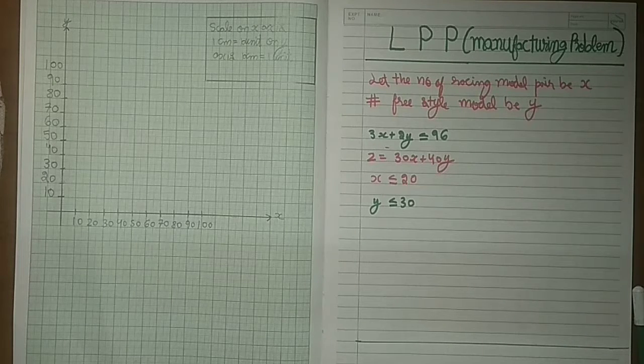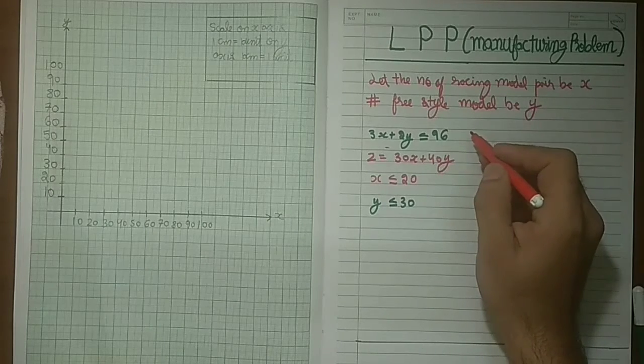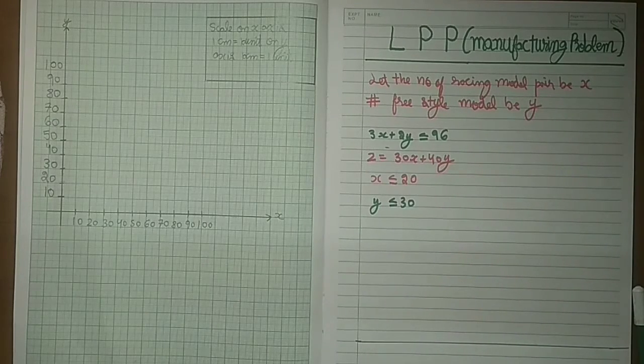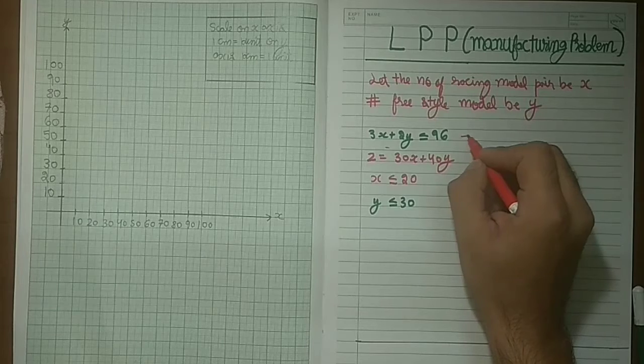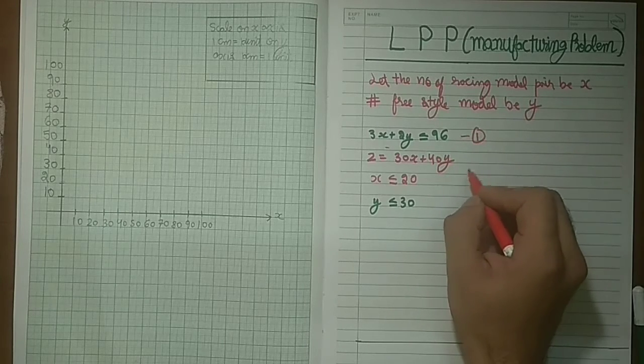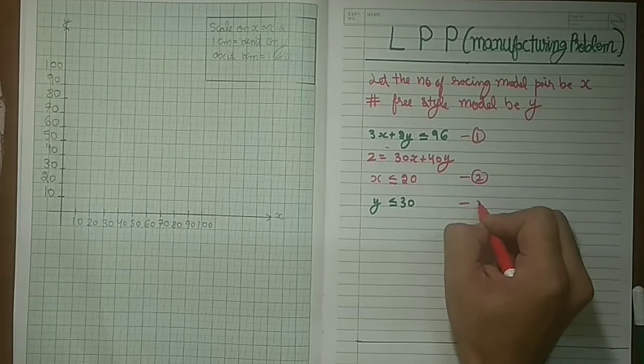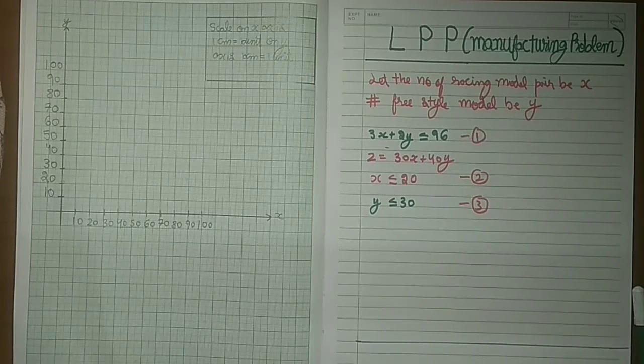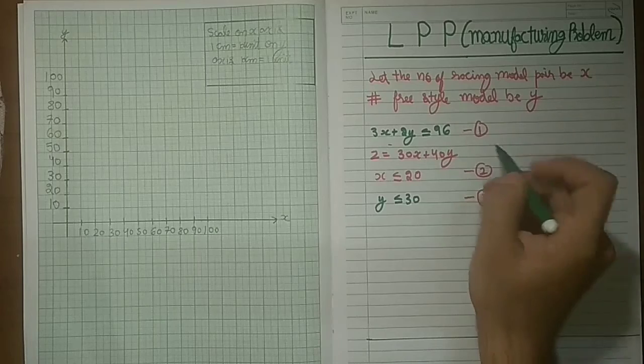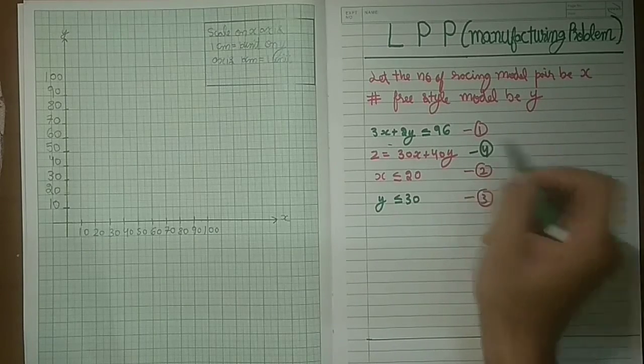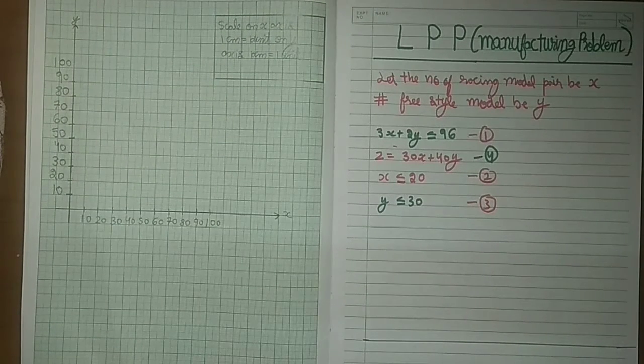So now let's come to solving this question. First, we will plot the graphs for equation number 1, 2 and 3. And this is our final equation, equation number 4. Now let's make a table for equation number 1.